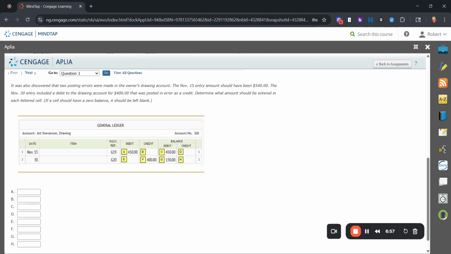So let's start at the beginning here. November 15th, an entry should have been $540. We can see here on November 15th, the entry was $450, so we need to change that to $540. So in box A, that's going to be $540.